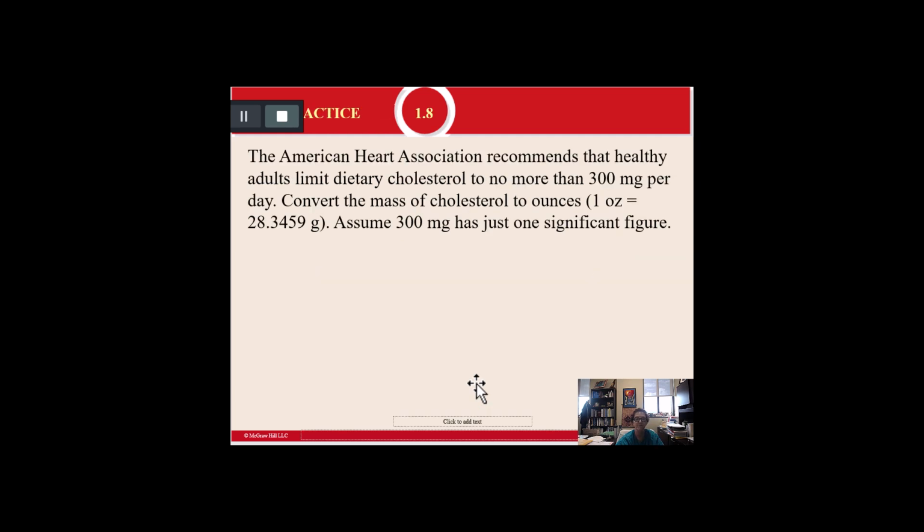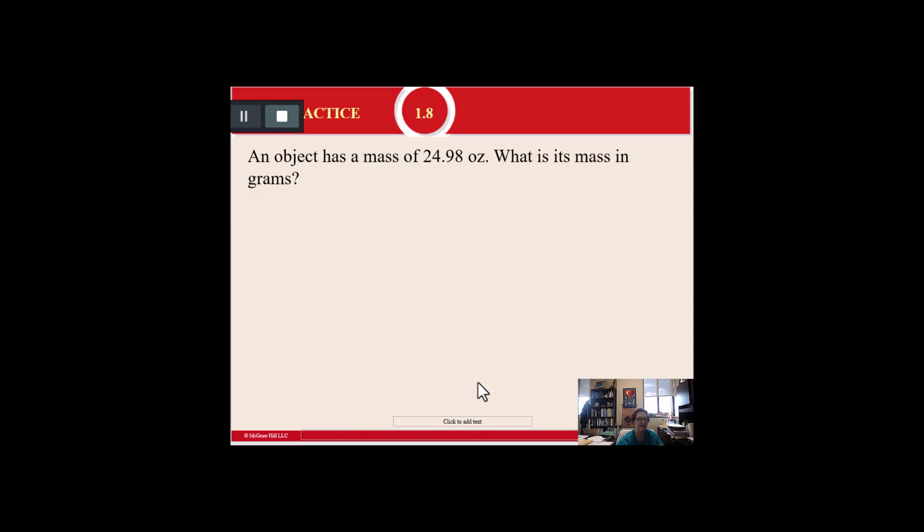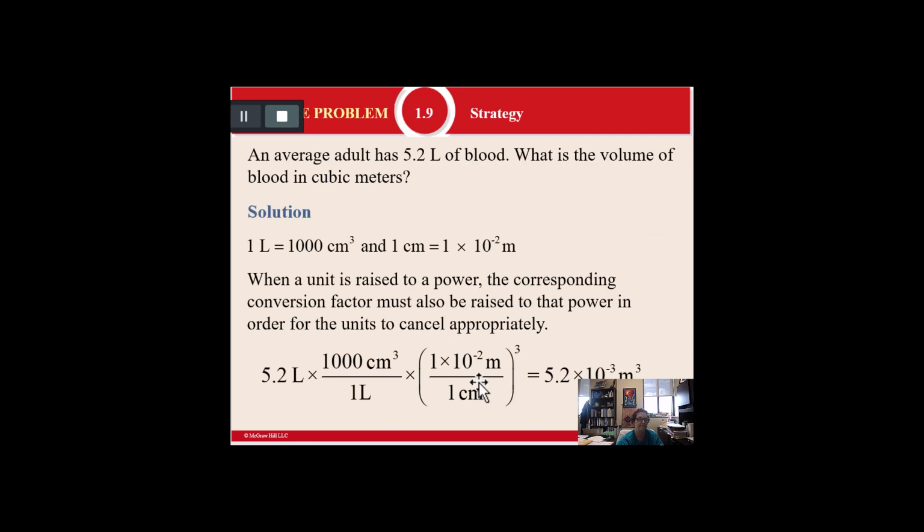So here's your practice. You've actually got 2 practices to do on this one. Now, this one is important because it requires us to raise units to a certain power as well as numbers to a certain power. The average adult has 5.2 liters of blood. What is the volume of blood in cubic meters?